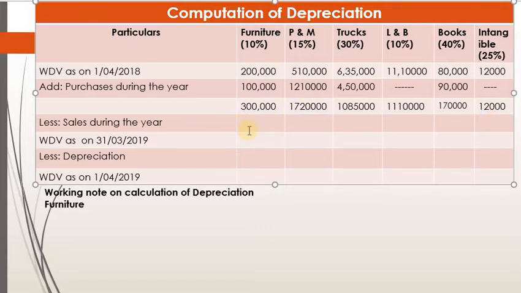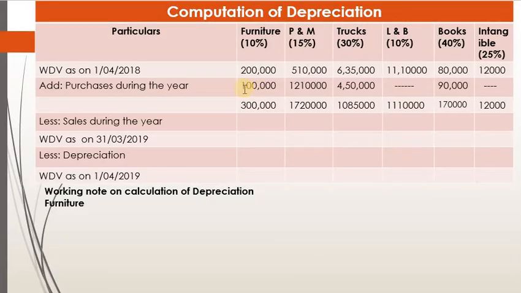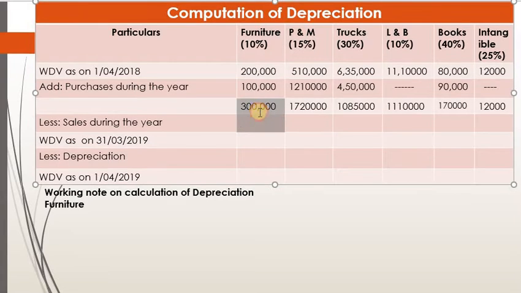Now let's deduct any sales during the year. Yes, of course there are certain sales made with respect to furniture, land and building and plant and machinery. Let us write such amounts here and deduct them from this value. So only 3 assets are sold, that is furniture, plant and machinery and land and building.